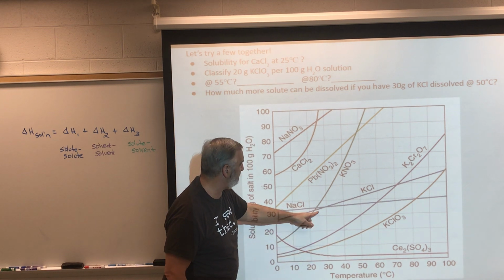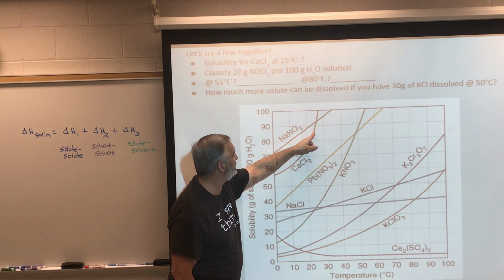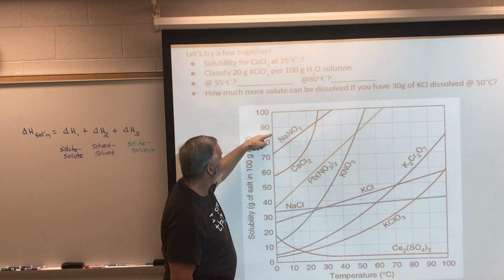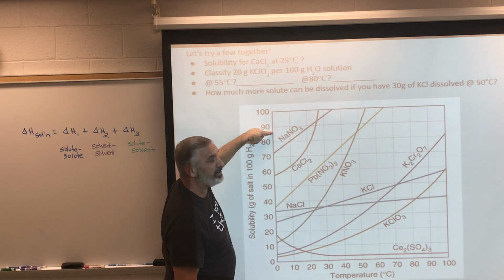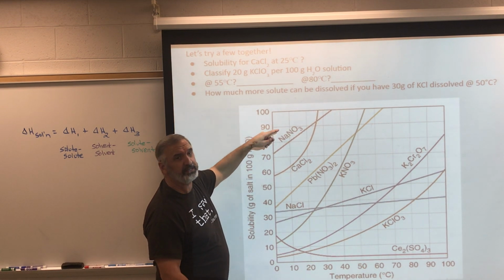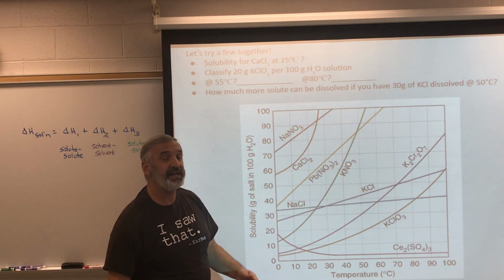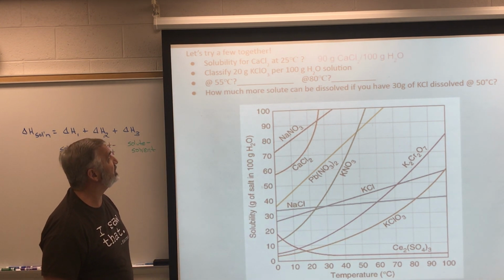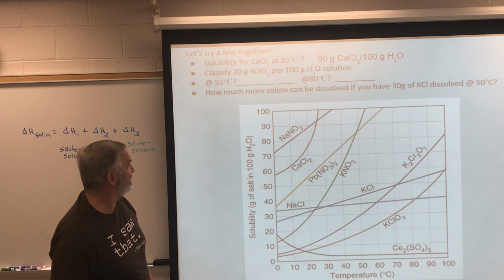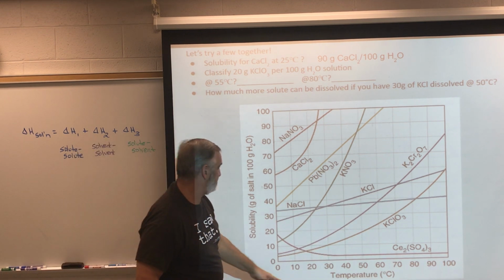I'm going to go up, up, up, up, up. Calcium chloride's right here. I'm going to hang a left right there, and it's going to be somewhere around 85. It might be just a hair above, maybe 86, 87. The good news is with sig figs, the last digit's uncertain, so 85, 86, 87 are all going to be correct answers. What, did I read that wrong? 25.